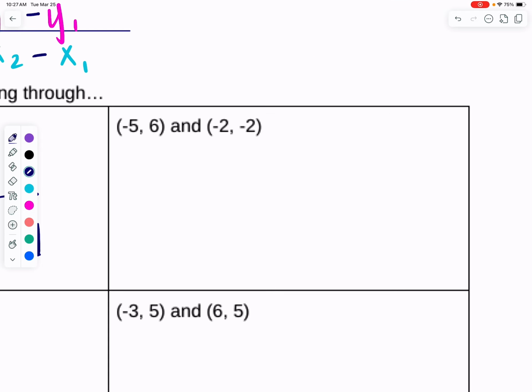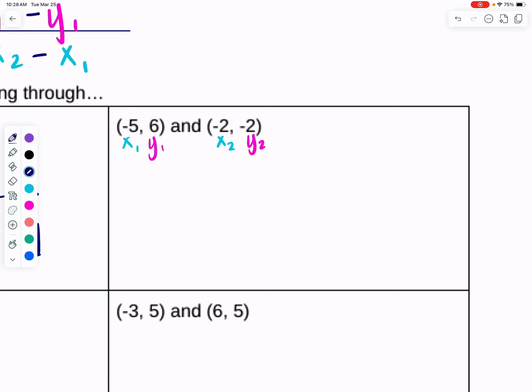Now let's look at the second one. This one has some negatives in it, but that's okay. I'm going to identify my pieces first. The x1 and x2, y1 and y2. Then I'm going to WTF.